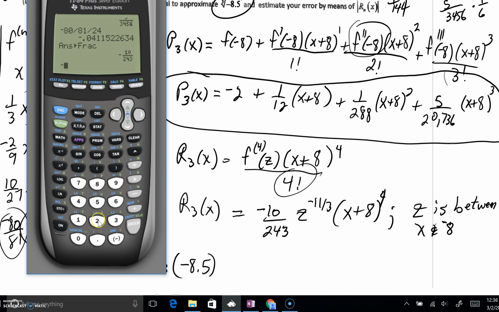So we'd take negative 2 plus, and we can do math, alpha y equals, get a fraction going, and we'll get 1 over 12. And then we'll have negative 8.5 plus 8. And then we'd say plus, now we'd want to go alpha y equals 1 over 288.